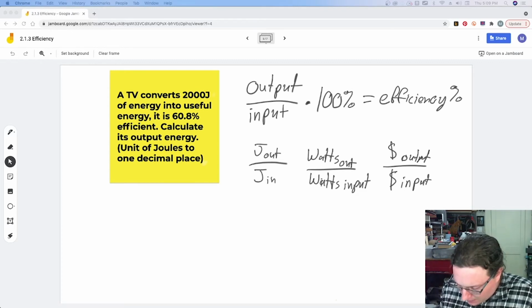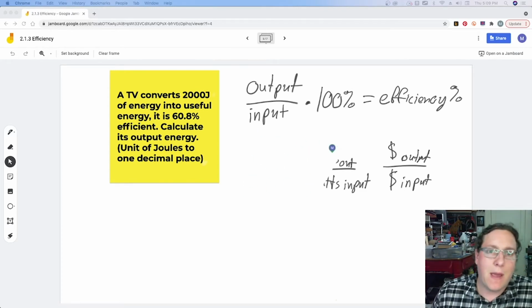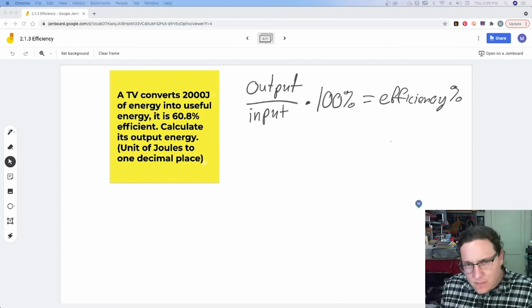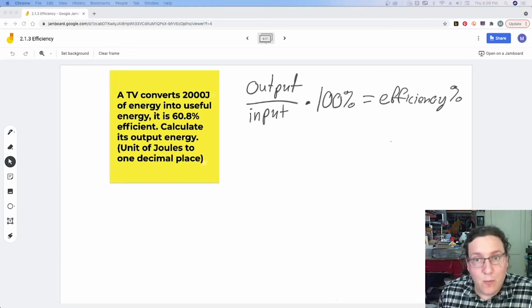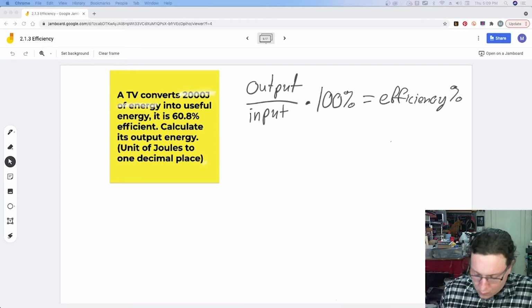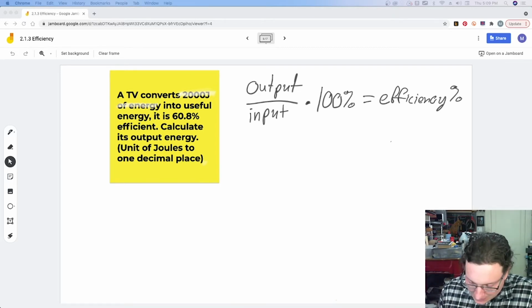So keeping the units just in mind as we move forward, we can now go ahead and start unpacking the whole problem. So what we're looking at, and we'll go ahead and highlight it as we're going through, is that we know that a TV is converting 2,000 joules of energy into something useful. We could consider that the same as the output.